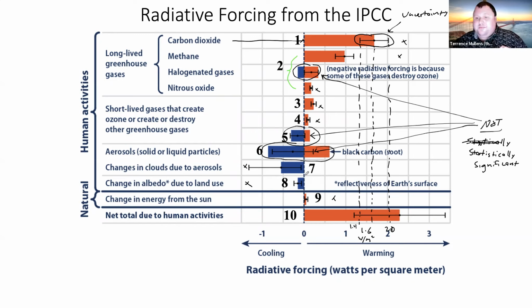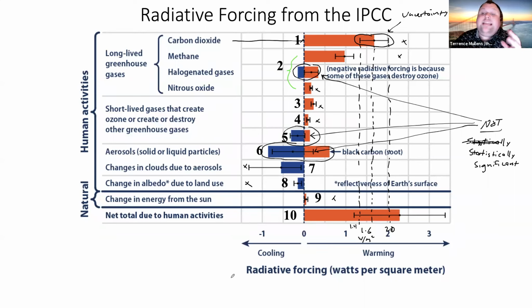Here's the other thing that's really important. There's only one real natural thing that could have any real impact, and that has to do with changes in energy from the sun. There has been a slight increase in solar activity since 1750. In 1750, we were coming out of the Maunder minimum, and so solar output has slightly increased.